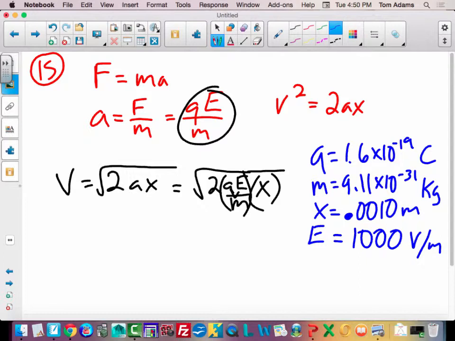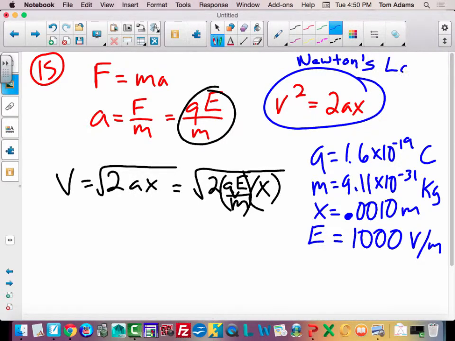So really, the Newton's law is this thing here. This is what they're asking us to do, but we are using some properties of electric fields to help us find that acceleration. Now let's plug and chug.